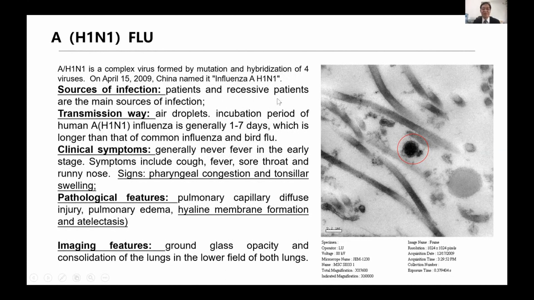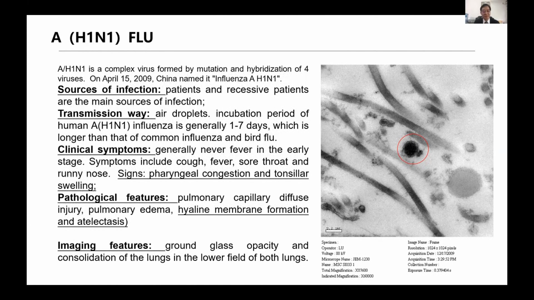The patients and carriers are sources of infection, transmissible through air droplets. Clinical symptoms generally begin with fever in the early stage. Symptoms include cough, fever, sore throat, and runny nose, then pharyngeal congestion and tonsil swelling.